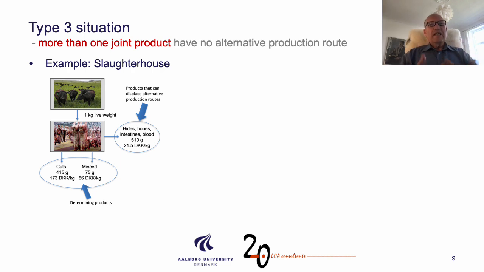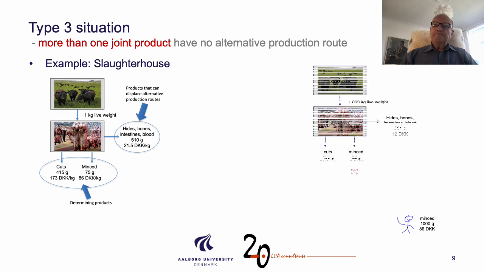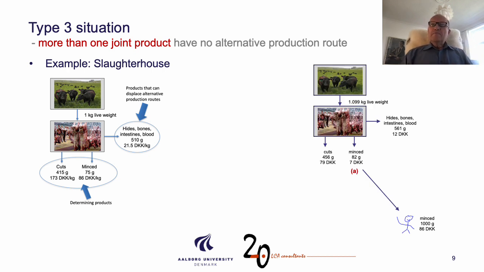What will actually happen in reality when we have a consumer that is asking for, let's say, 1 kilogram of minced meat at a price of 86 Danish kroners per kilogram? The slaughterhouse doesn't really care about how much it sells of the different cuts or minced meat.